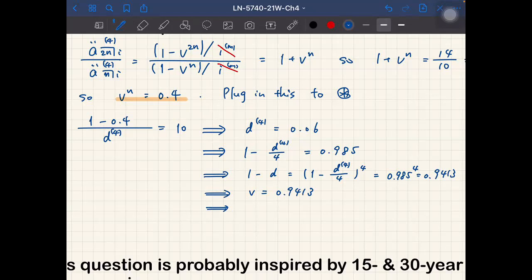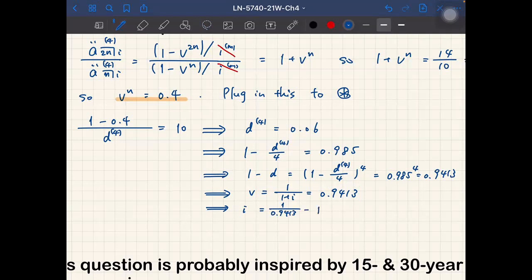Once you get to v, you can see v is 1 over 1 plus i. So 1 minus d is equal to v, and v is equal to 1 over 1 plus i. So that means i is equal to 1 over 0.9413 minus 1.